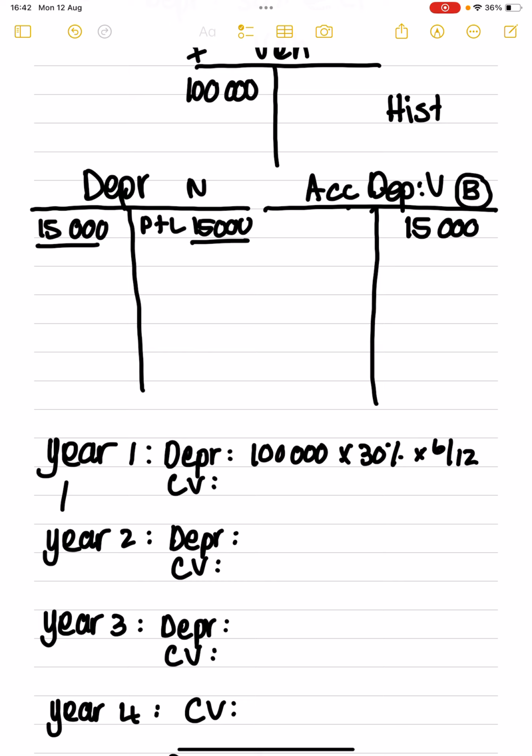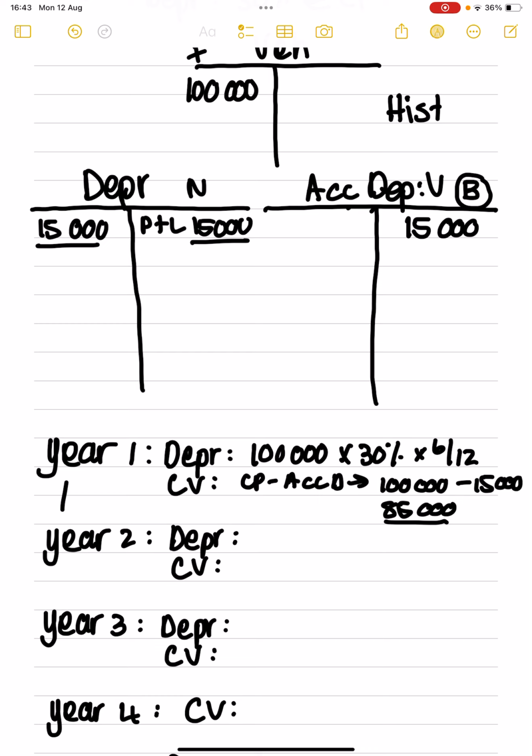So if we want to calculate at the end of year one what the carrying value of my vehicle is now, carrying value is my cost price minus accumulated depreciation. So therefore, if I say 100,000 minus the 15,000 depreciation, then the carrying value of my vehicle after year one will be 85,000 Rand.